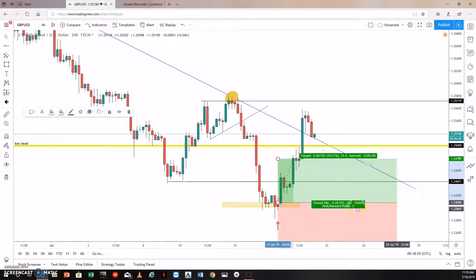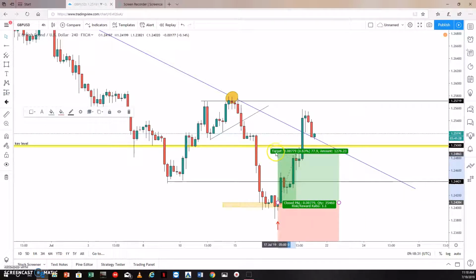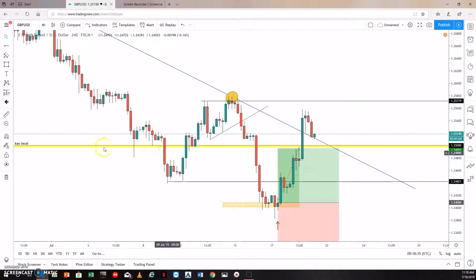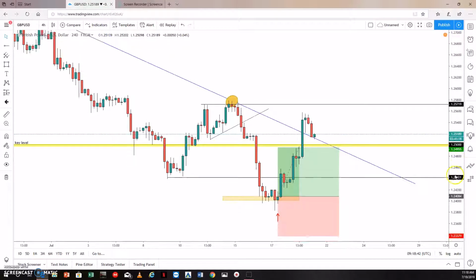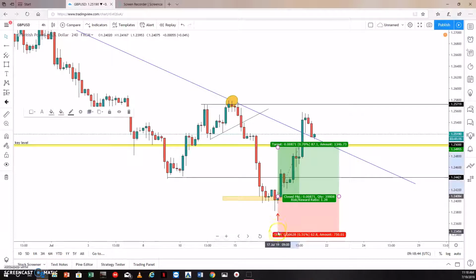I was long on this trade, and my target was just by this key level here. This is a key level, the 1.25 thousand on GBPUSD.